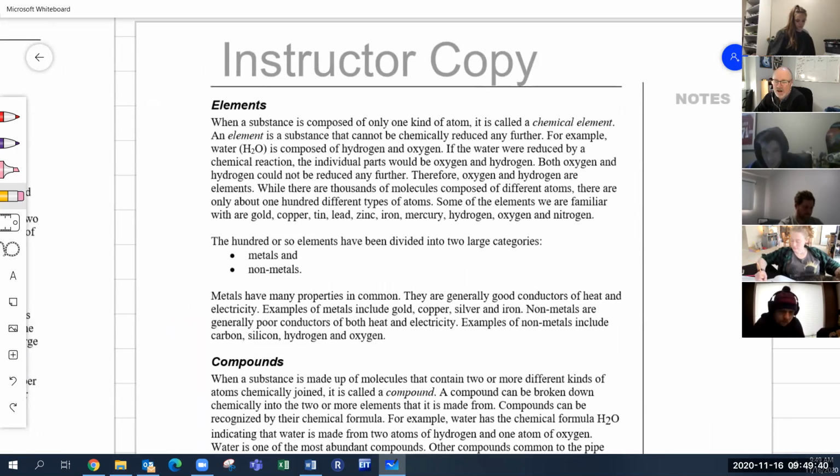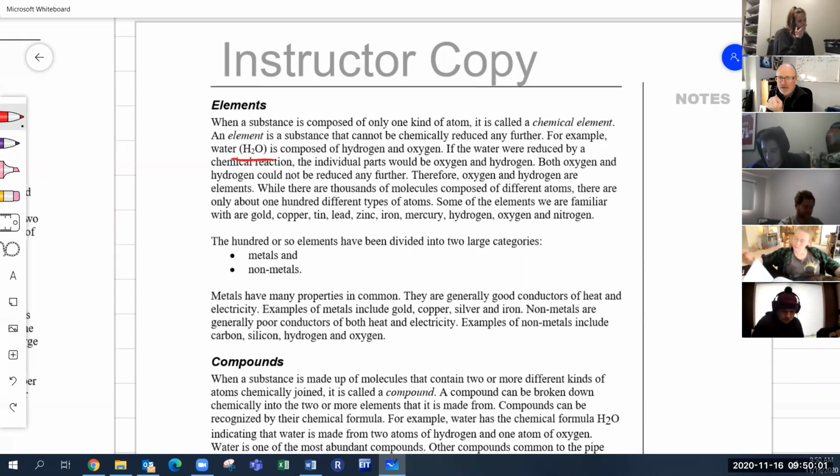Then we're going to talk about elements. Elements are, you can't break down an element to anything smaller. That is all of it. It's one kind of atom and it's an element. Now, is H2O an element? No, it's a compound.